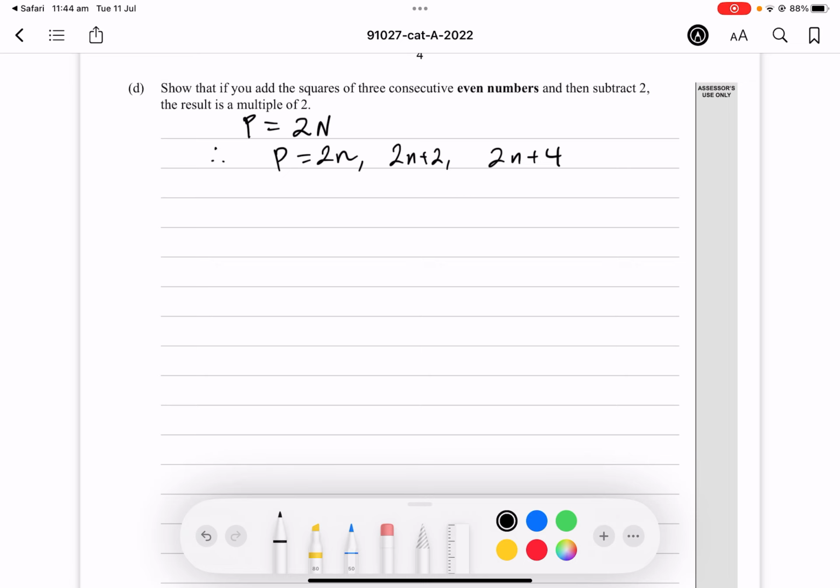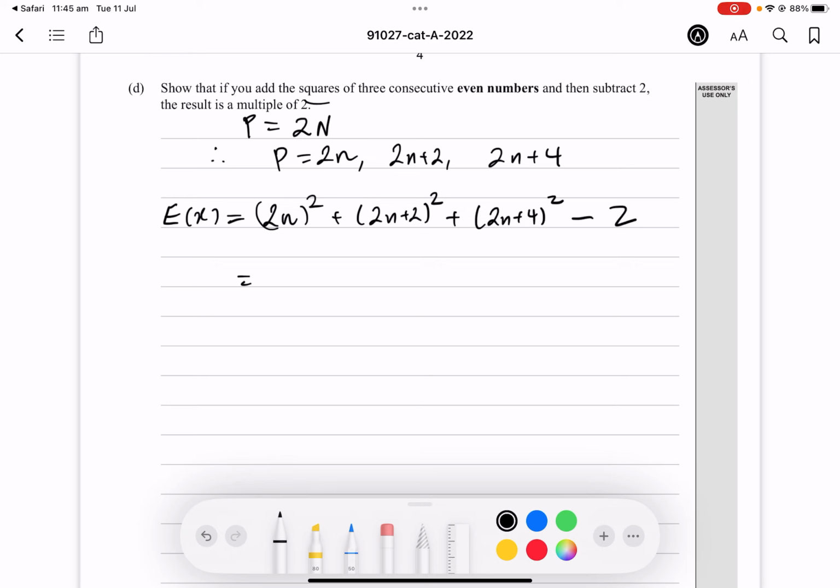Then if we subtract 2, the result is a multiple of 2. So we need to add the squares of 3 consecutive even numbers. So we have the total, say the expression E of x, equal to 2n to the power of 2, plus 2n plus 2 to the power of 2, plus 2n plus 4 to the power of 2, minus 2.